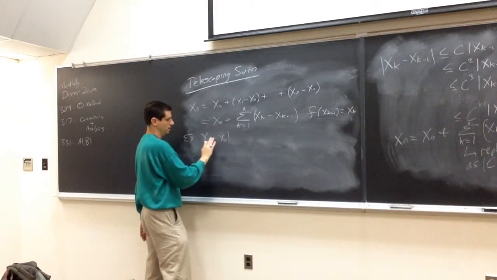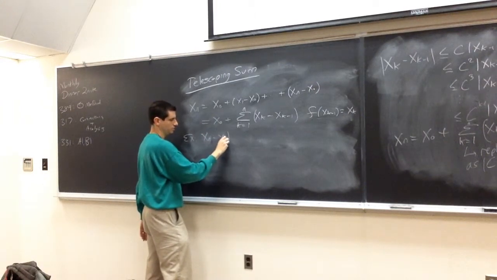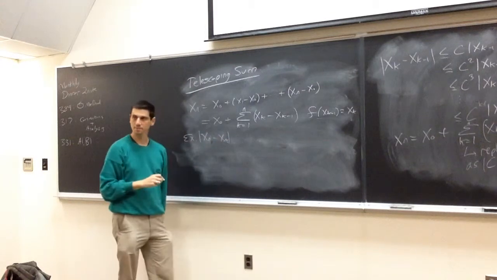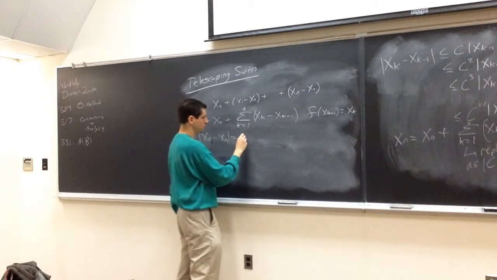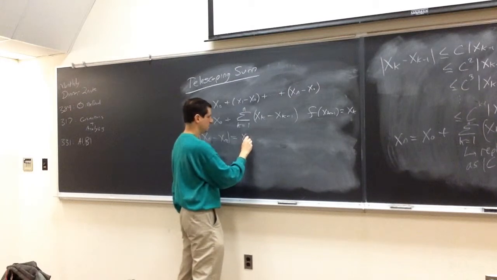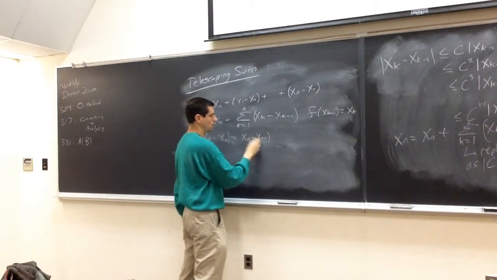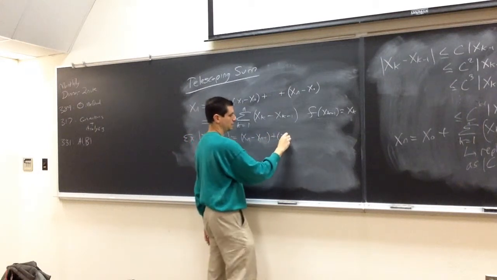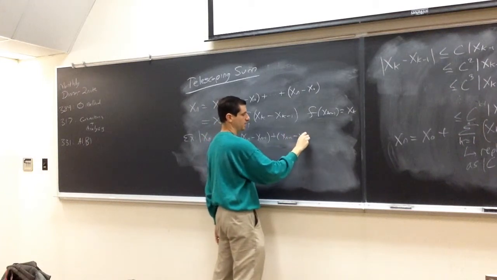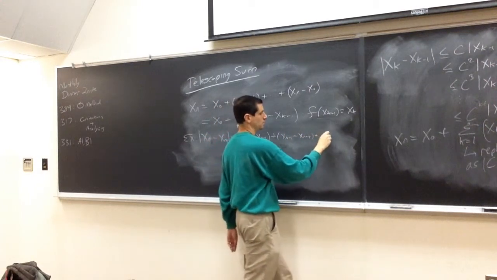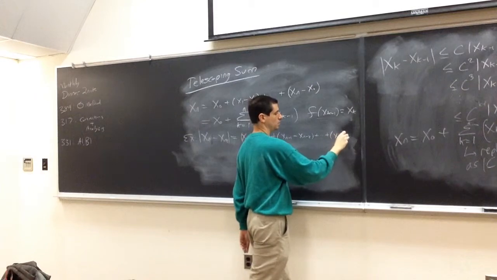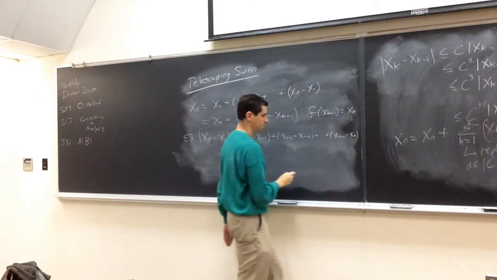I guess m comes early in the alphabet, so I guess do x_n minus x_m. This is going to be x_n minus x_{n-1} plus x_{n-1} minus x_{n-2} plus ... x_{m+1} minus x_m.